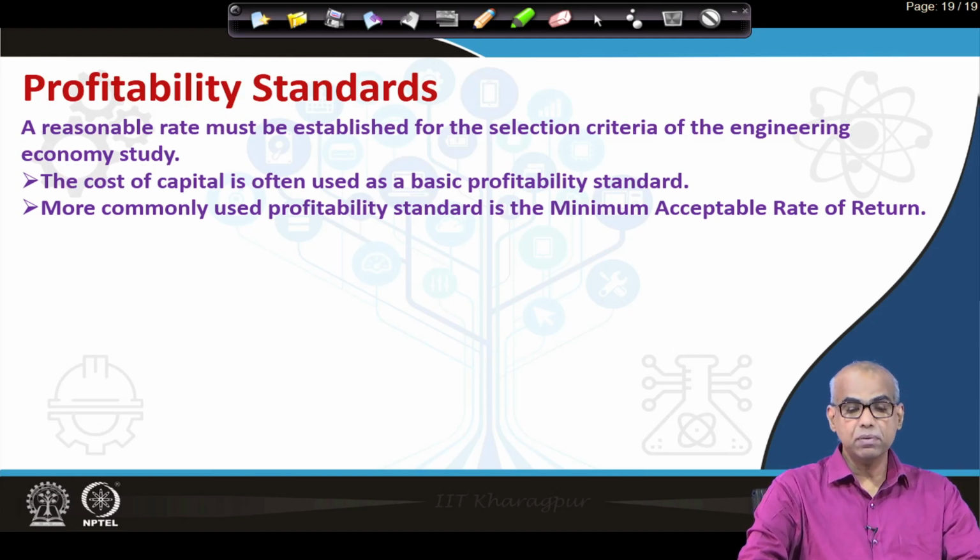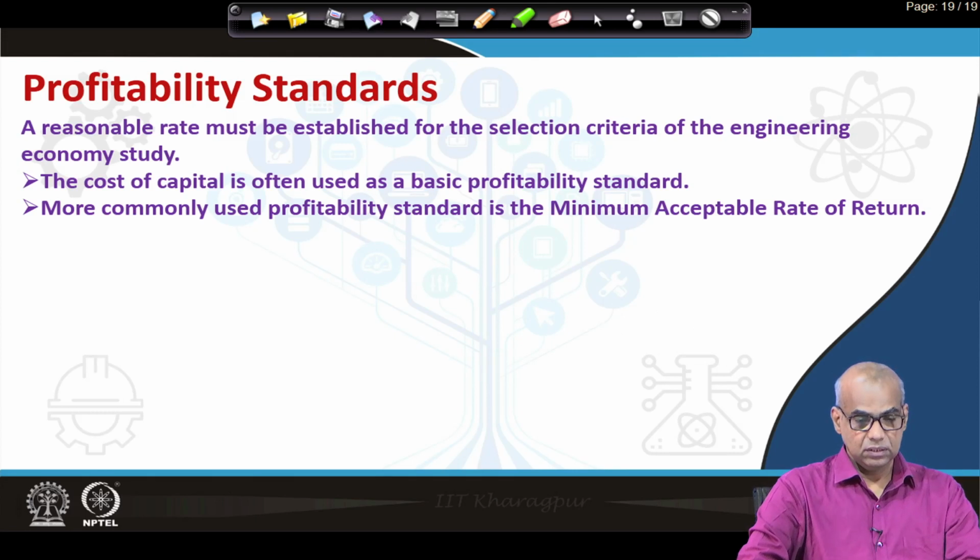To evaluate profitability, we must establish a certain reasonable rate as a standard, against which we will perform the economic evaluation of a given business proposal. Generally, two types of profitability standards are more commonly used.